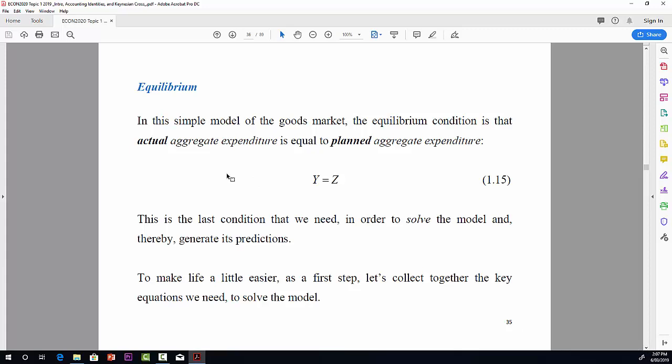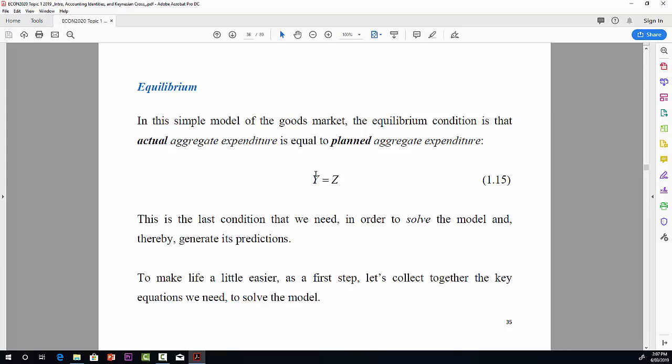Okay, so now we've looked at demand and supply, and whenever demand and supply come together, we have something called equilibrium. In this simple model of the goods market, the equilibrium condition is that actual aggregate expenditure is equal to planned aggregate expenditure.